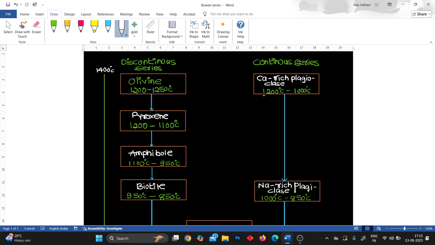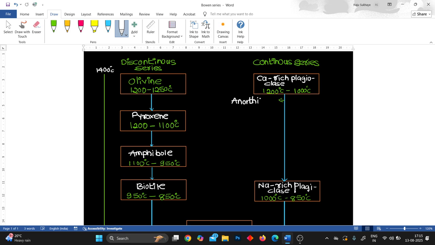Here we will be seeing the minerals between calcium-rich plagioclase and sodium-rich plagioclase; there are different minerals that are going to form. We'll be seeing those minerals one by one. Here I'll be making use of mnemonics. The mineral which is forming first, I will write it here, that is anorthite.